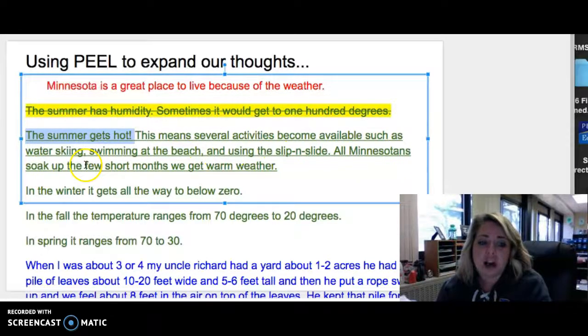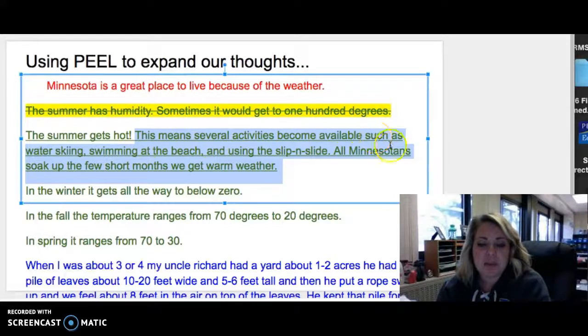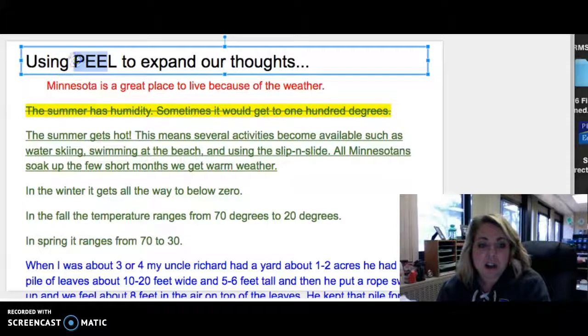All Minnesotans soak up the few short months we get warm weather. So now I have my first piece of evidence. The summer gets hot. And then I'm going to explain why that's important. This means several activities become available, right? And so now I have done the P, the E, and the E part of PEEL.